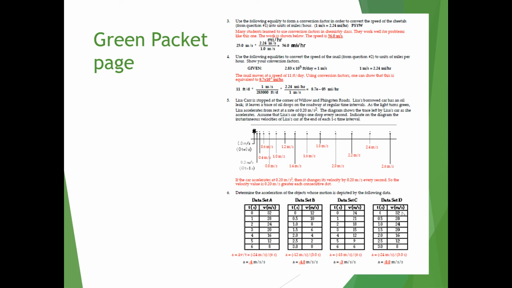So then in number 6, we have 4 different data sets, and we're going to take a look at determining the acceleration of the object whose motions are depicted by those data. So in the first one, since they're all uniform motion, I like to use the first one, 28 minus 32 would be a -4, and that would be -4 meters per second squared.